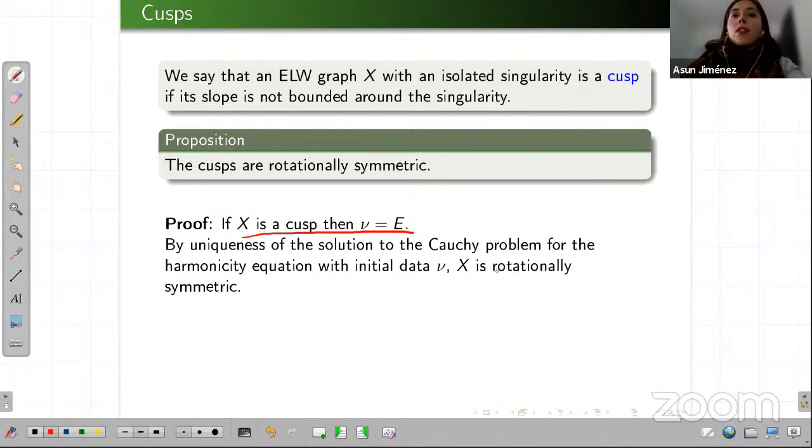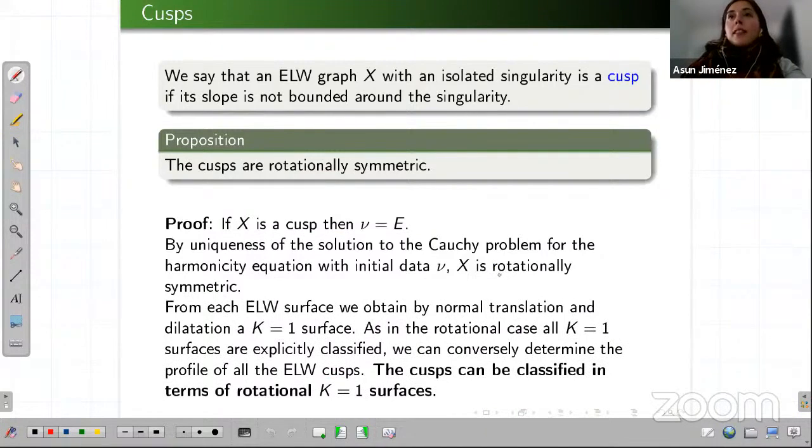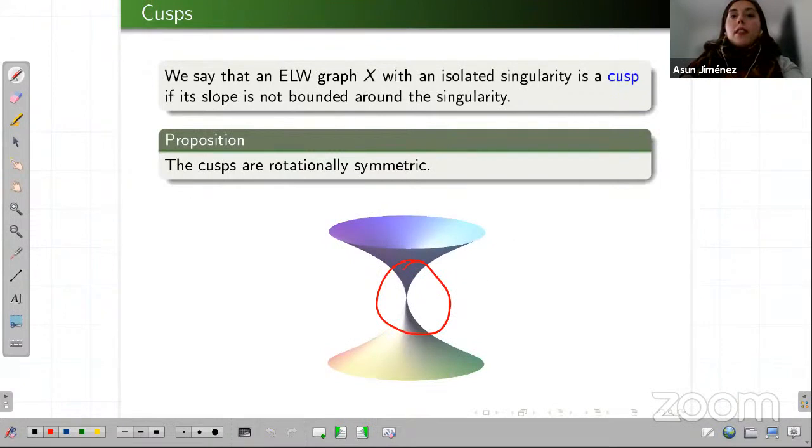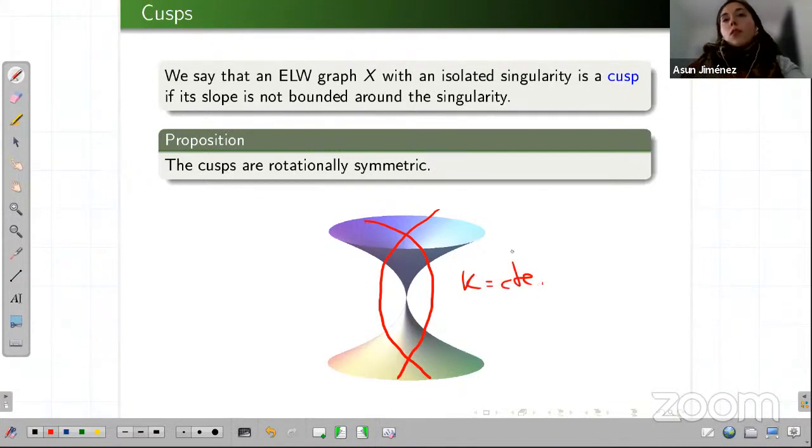The point is that you can explicitly determine this kind of surfaces because parallel to any elliptic linear Weingarten surface, you have always a constant positive Gaussian curvature convex surface. And these rotational surfaces with K equal constant, you can rescale and suppose that the constant is equal to 1, are completely classified. So you can completely classify cusps.